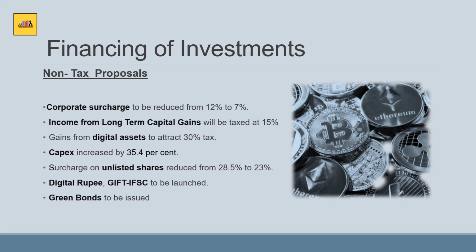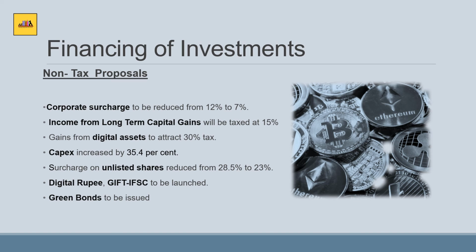Remarkably, noting the rise of cryptocurrency, it has been announced that any wealth from a virtual asset will be taxed at 30%. As stated earlier, the capital expenditure by the government has been increased. Another interesting announcement made in the budget was the unveiling of the plan of a digital currency.